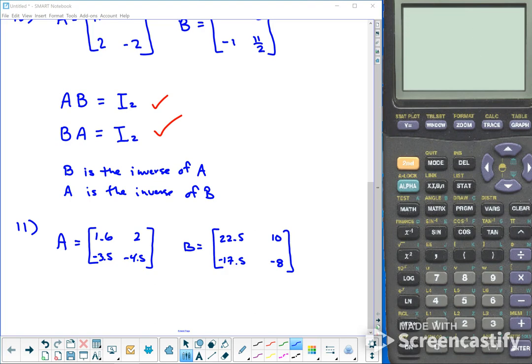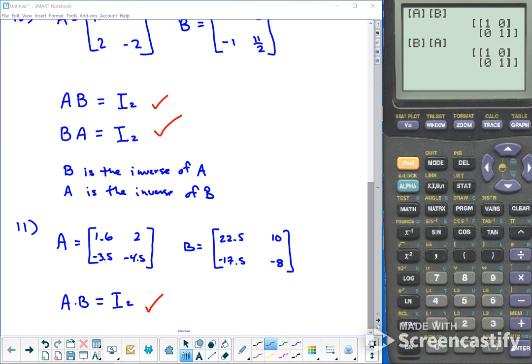Quit out of there. So I'm going to do this again. Matrix A times matrix B is that, so I'm going to write down AB is equal to identity matrix of order 2. That checks off, and then I'm going to do BA. And that also works, right? So BA equals identity matrix of order 2.